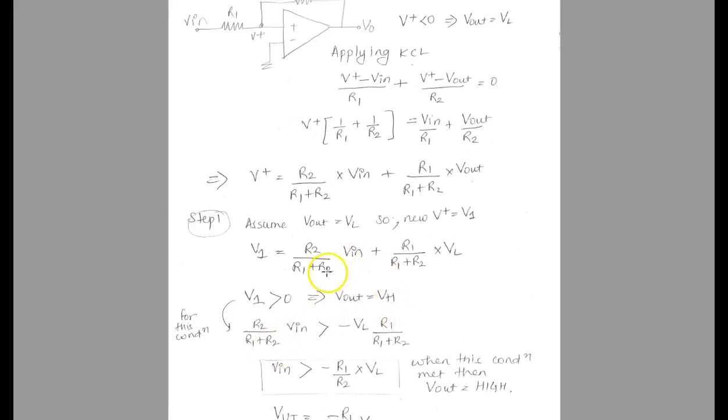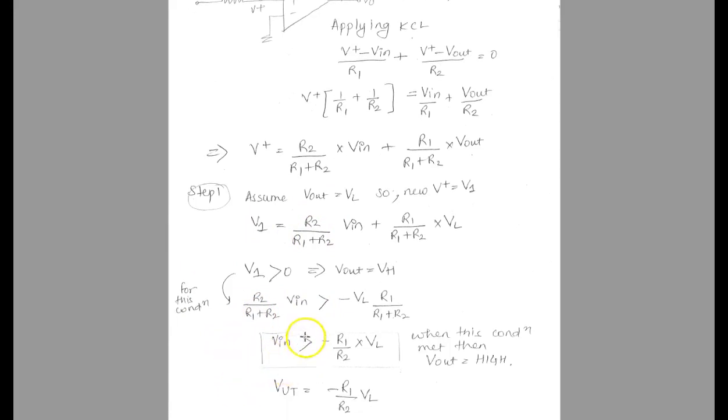Assuming it is greater than 0, this equation becomes this, and we can find that for the input voltage V in greater than negative R1 by R2 into VL, the output voltage is going to be high.